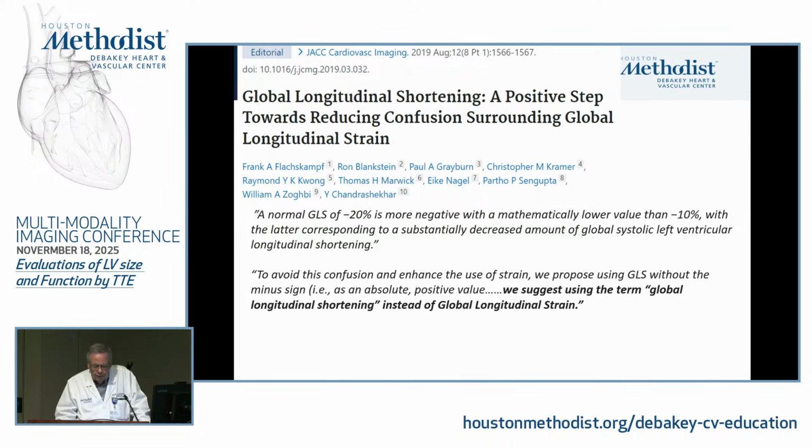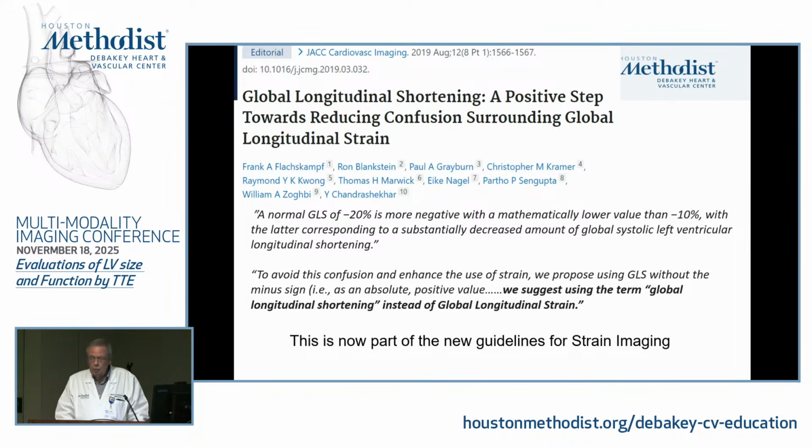Instead of calling it global longitudinal strain, say shortening. Because shortening is a term that eliminates a sign, negative or positive, okay? So by saying shortening, we can get rid of the sign. The nice thing for me is that global longitudinal strain is also GLS. It's the same abbreviation. Okay, and this is now part of the new guidelines.